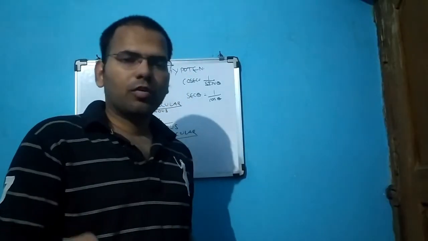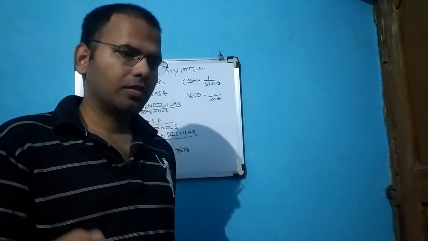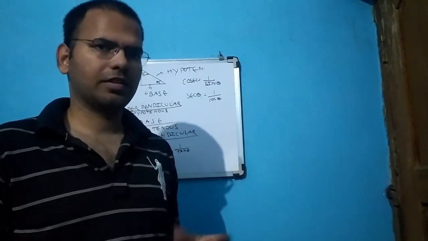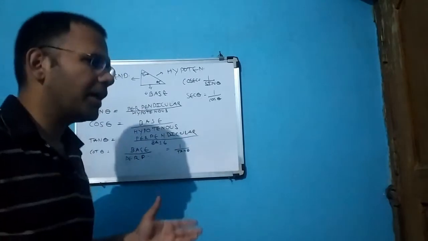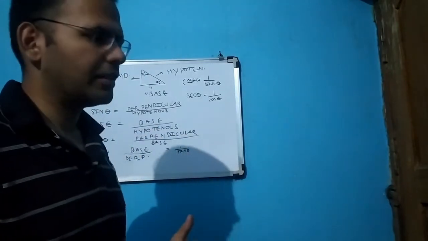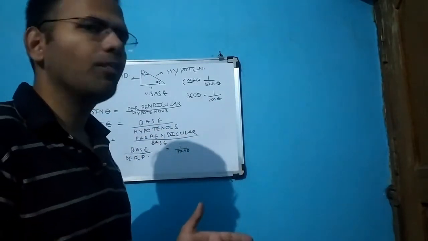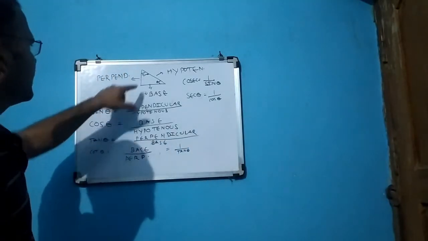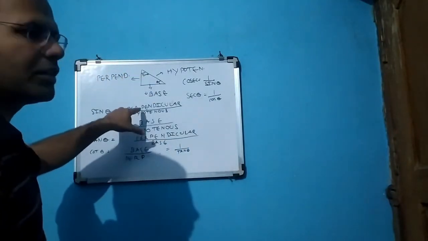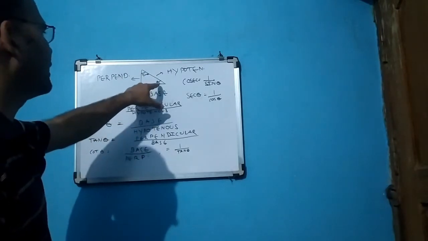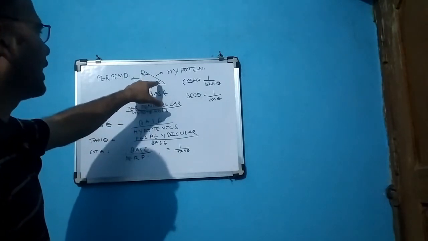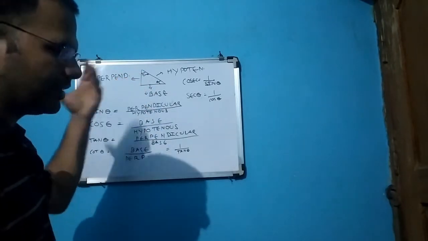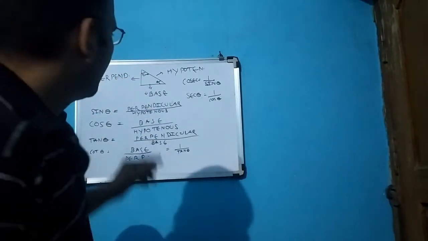So based on our previous discussion on trigonometry and ratios of triangles, we can define 6 fundamental ratios that pertain to trigonometry. One is sine theta, that is perpendicular by hypotenuse of this particular right triangle, whose one angle is theta and the other consequently 90 minus theta, that is called the allied angle.